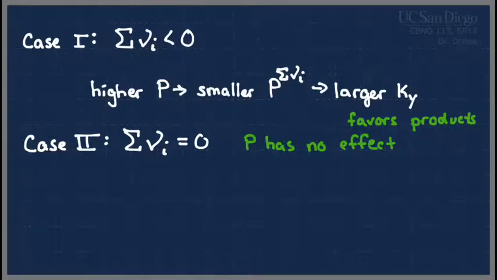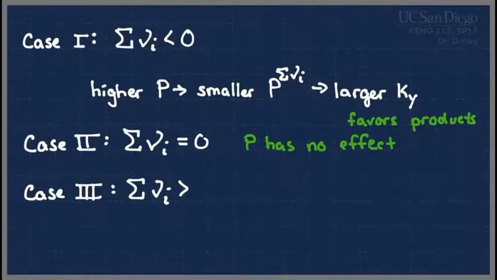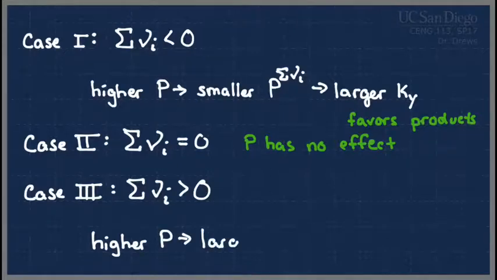And then you can probably guess what case 3 is. Case 3 is if that sum of the stoichiometric, what was case 1? Less than 0? Greater than 0 is case 3. And so again, here, if you try the same pattern, if you increase pressure, the result is that you'll have a larger term on the right-hand side of that equation that we had talked about a minute ago.